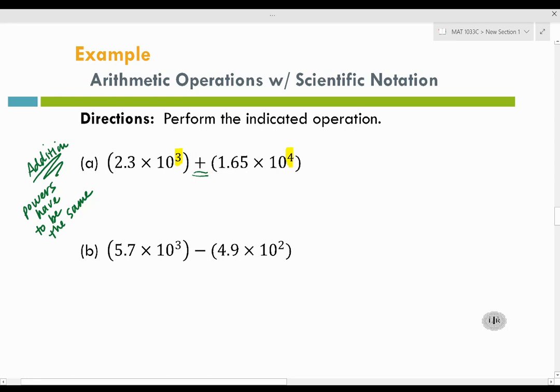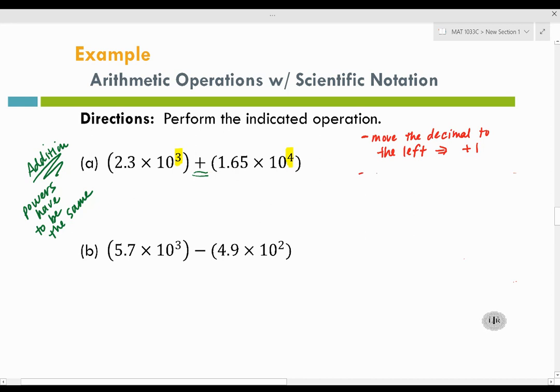So if I need to do that, one thing I want you guys to keep in mind, okay? So if you need to fix the powers, okay? If you need to move the decimal, okay, to the left, it's the same thing as adding 1 to the power when you're doing that. That's one way you can think about it.